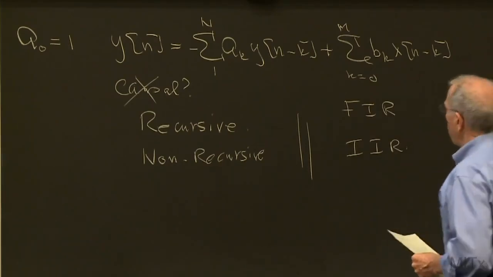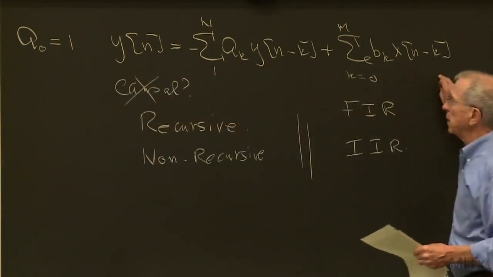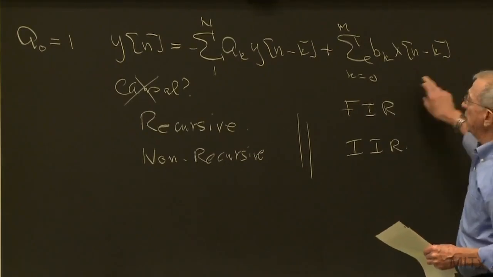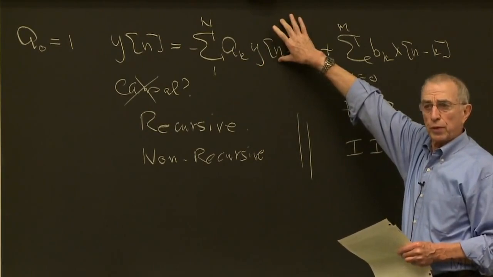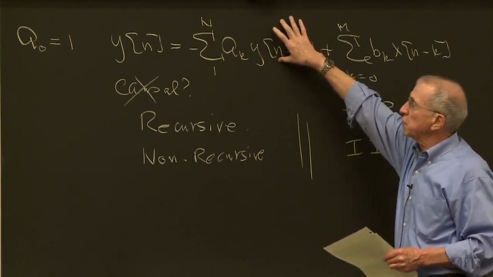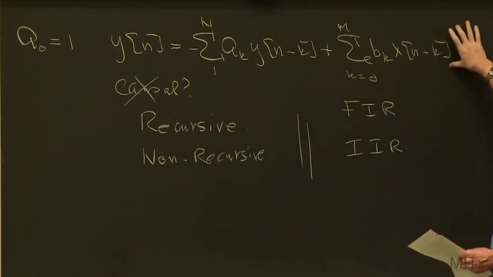So, for example, if I take this equation and I say that all of these A sub k's that I put over here are equal to 0, so I'm saying y of n is the sum of b sub k, x of n minus k.